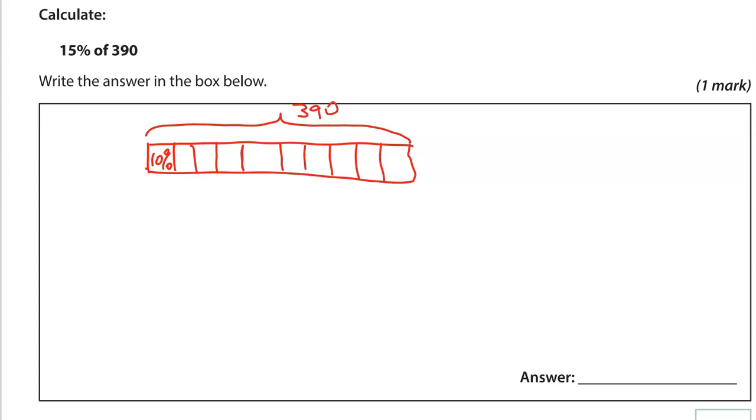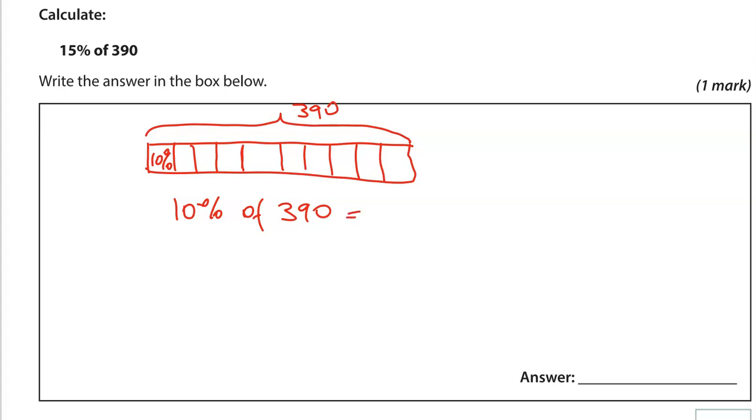So that's 390 in total. The reason why I'm breaking down into 10% is because it's easier to calculate.